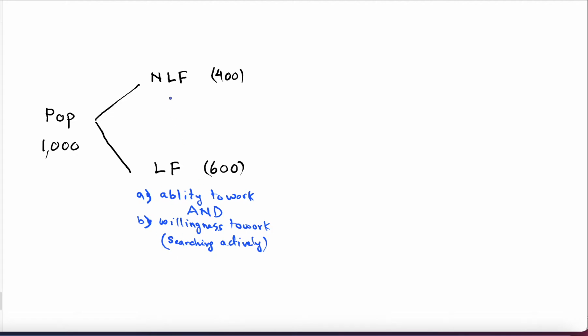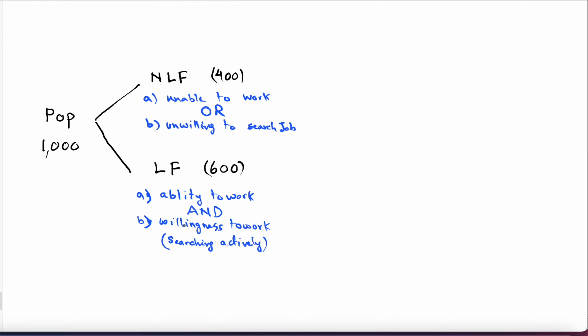So the opposite is coming here. A, unable to work, maybe kids, children, or old people unable to work. And B, unwilling to search for a job. And here the condition is or. Either this or that puts the person here.